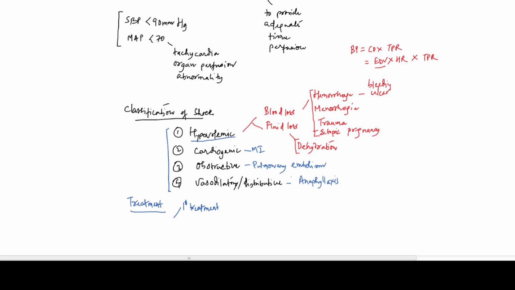So you treat the causative organism for the shock by giving antibiotics and corticosteroids. So those kind of interventions which are targeted at the etiological factors of shock come under primary treatment.